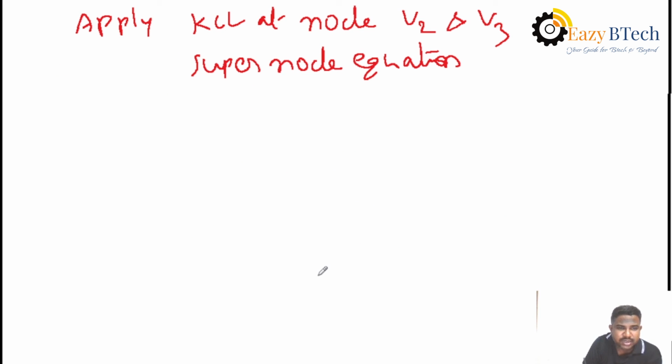What elements are connected for the V2 node? 3 ohms are connected, that means (V2 minus V1) by 3. Similarly, 1 ohm is connected. The current passing through it is V2 by 1. Plus, at node V3, adding the node 3 equation also.